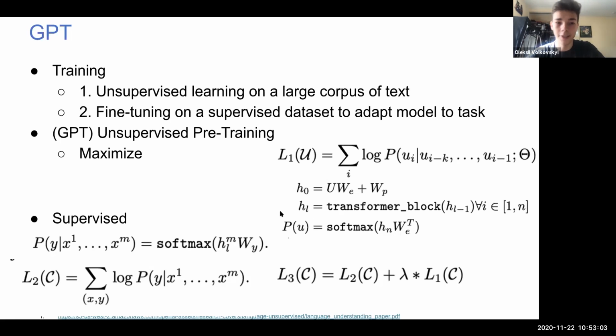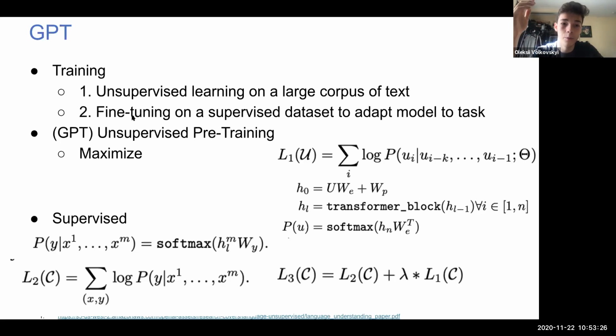Then they simply predict the next word in the text, and train to get really good at predicting the next word. That is seen as a sort of pre-training, just getting really good at the English language.